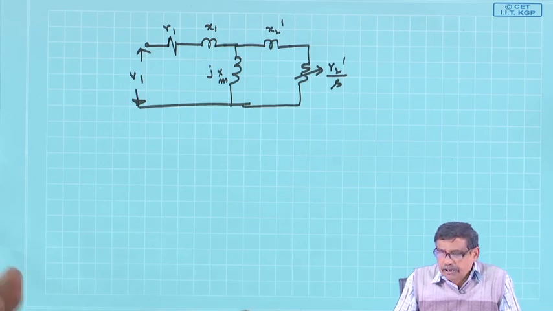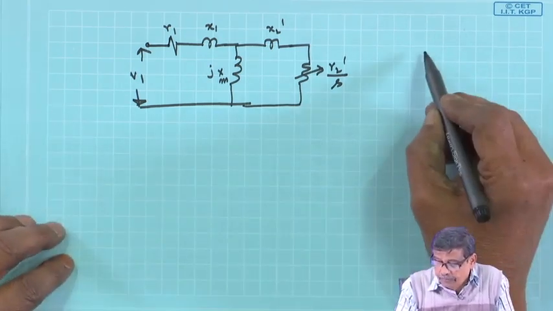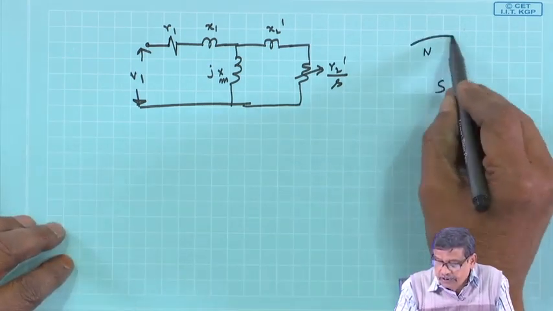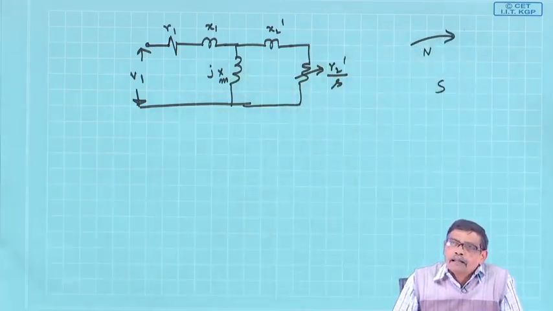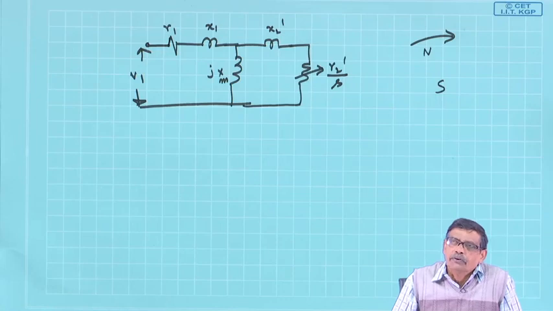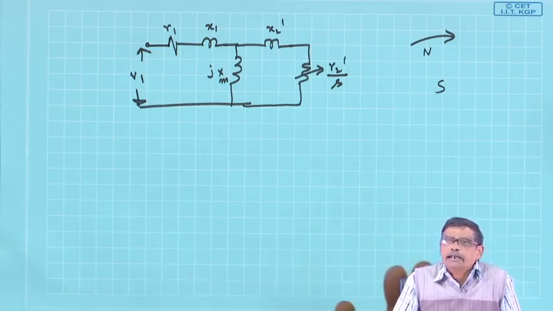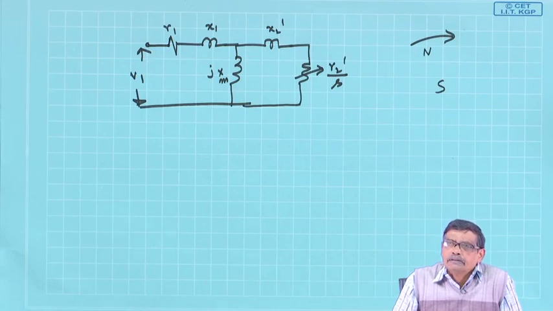I can always find out, if there is a rotating field, I do not know who has created it. I can always think, oh, it has perhaps been created by a 3-phase balanced winding. Why not?